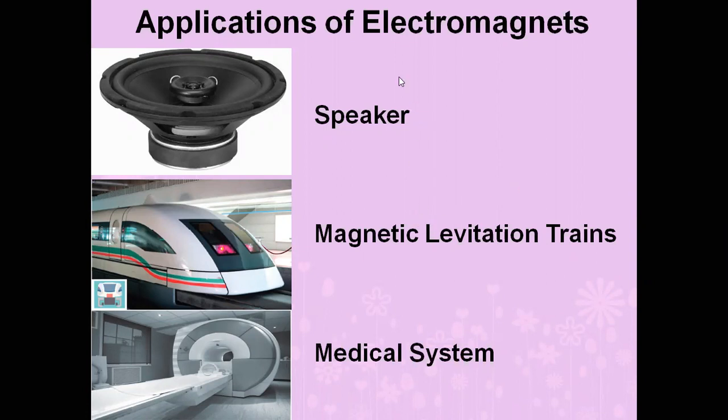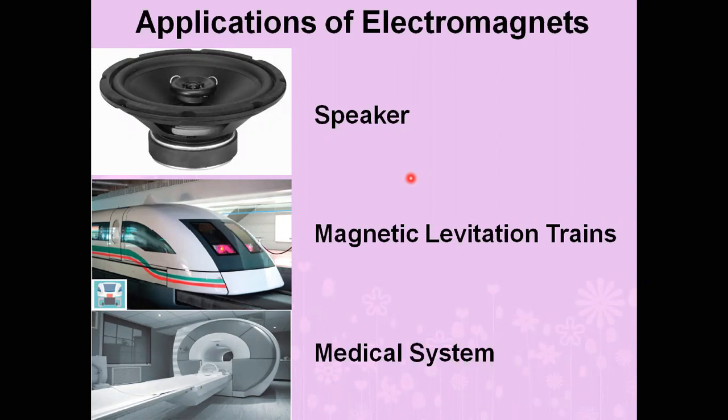The next one is the magnetic levitation train. The magnetic levitation train works on the principle of magnets. Two sets of magnets are used in the train. One set repels and pushes the train up off the track.